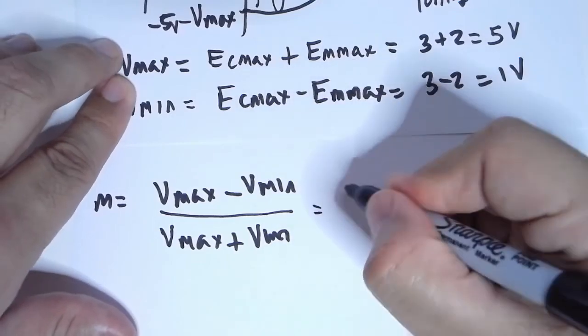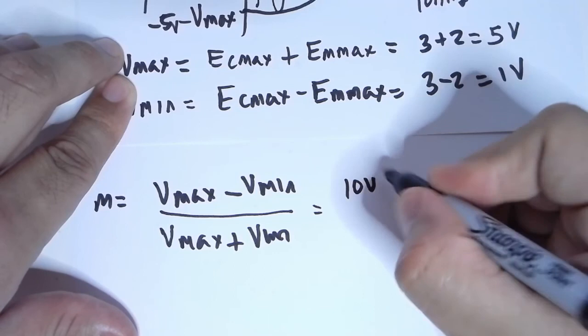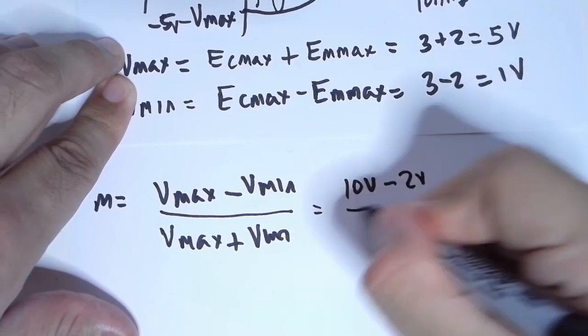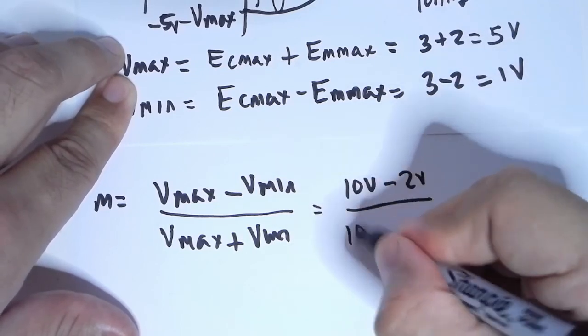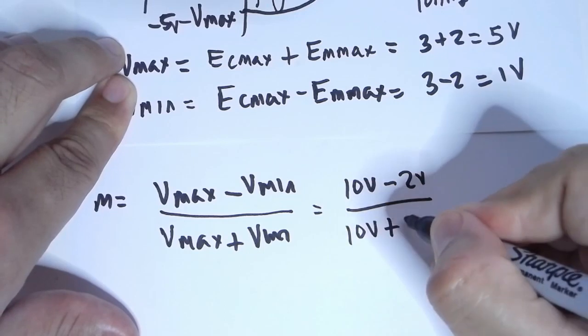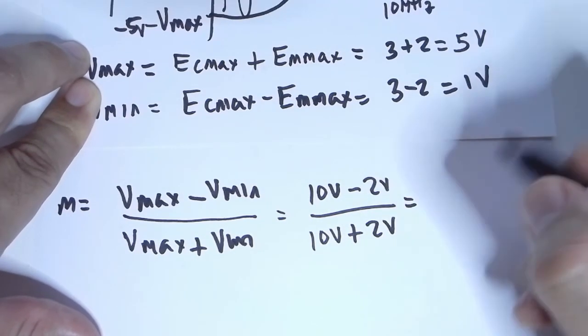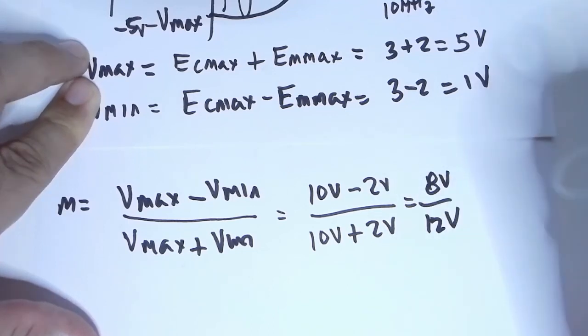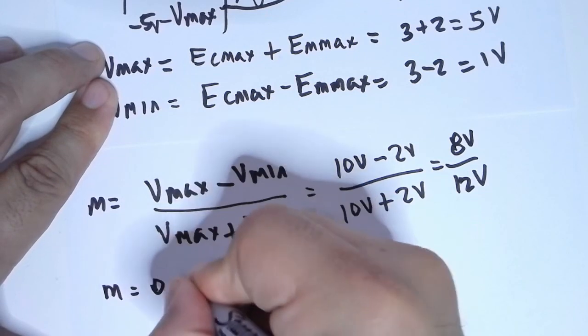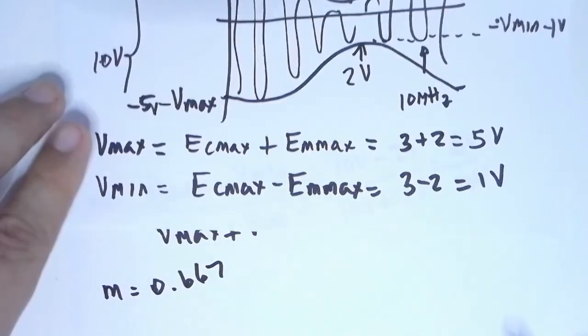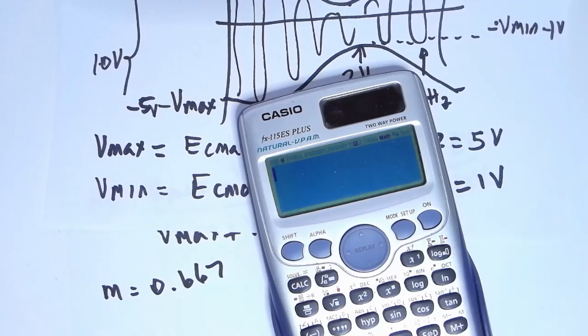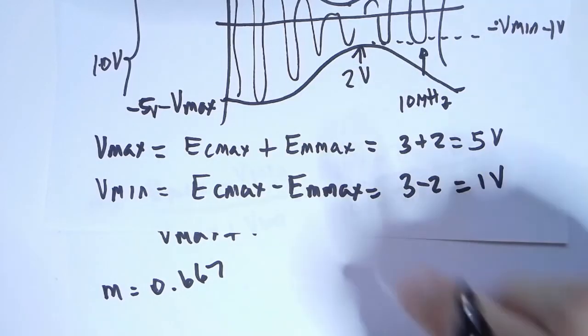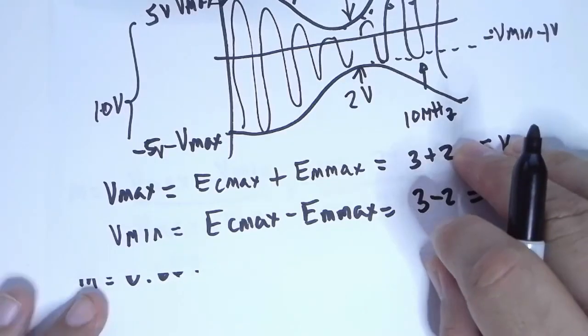We have Vmax is 10 volts, Vmin is 2 volts, so we have 8 volts over 12 volts, and that means that our modulation index is 0.667. So we have 8 divided by 12, and that is 0.667.